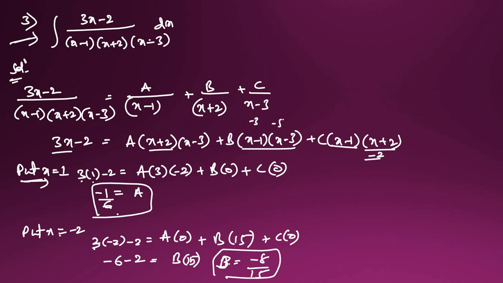So we got the a value and the b value. The other thing we have to get is the c value also. For the c value, we put x is equal to 3.